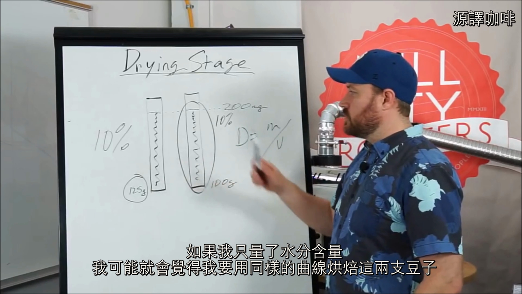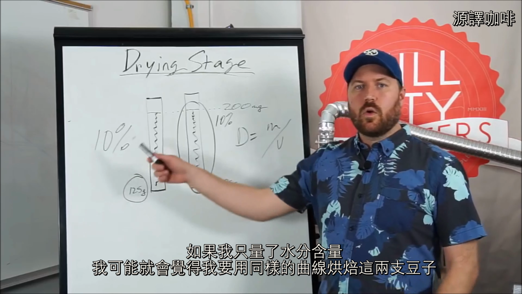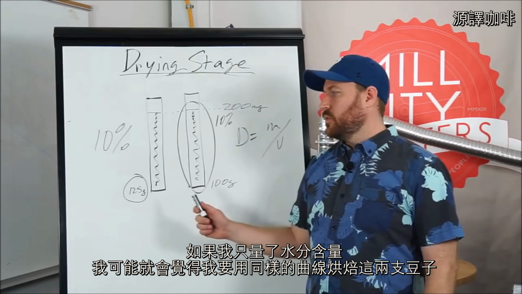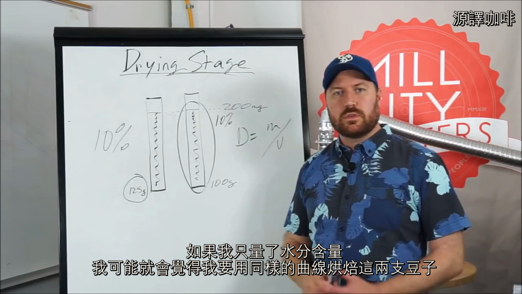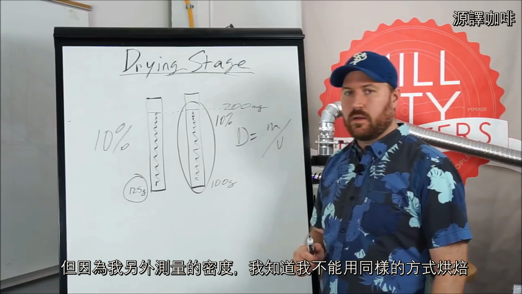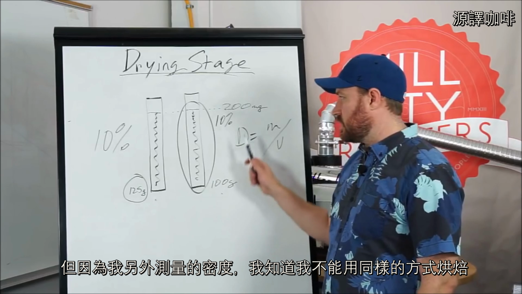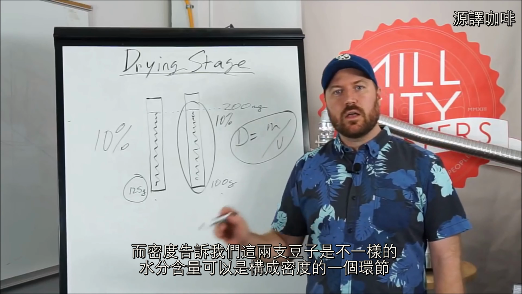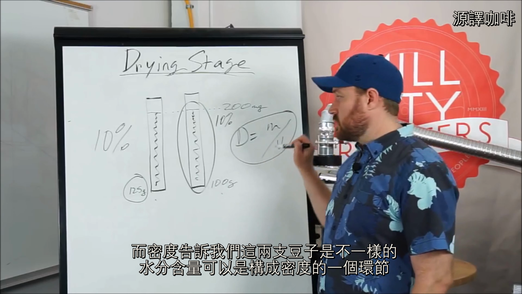Now, if I measure just moisture and I go off of that, then I'm going to assume that I'm going to need to roast both of these coffees the same way. But I don't need to assume that because I've measured the density of the coffee. Okay? And the density of the coffee tells me that these are different.